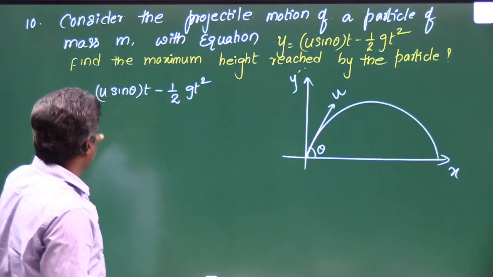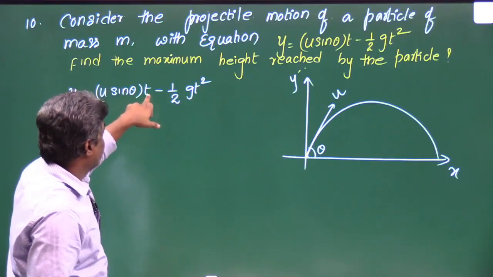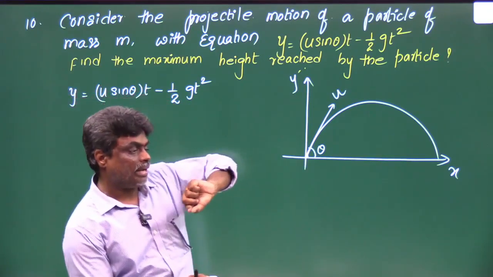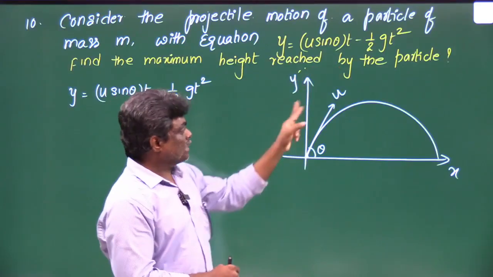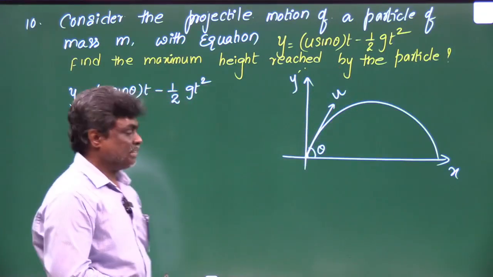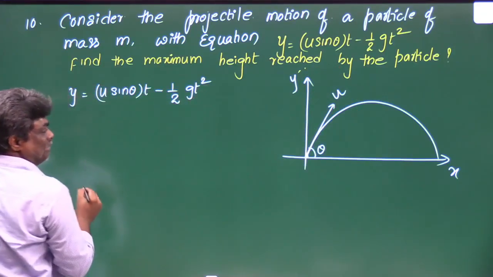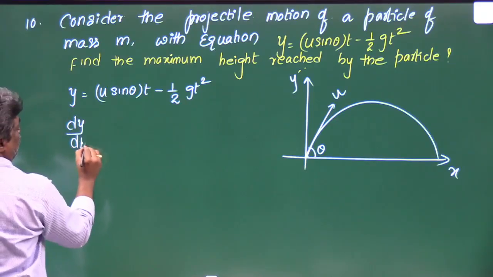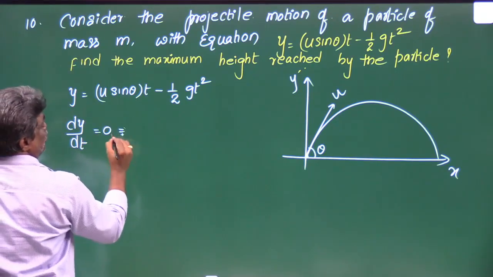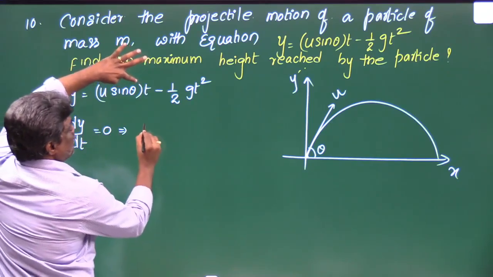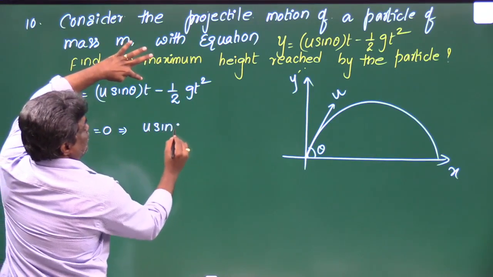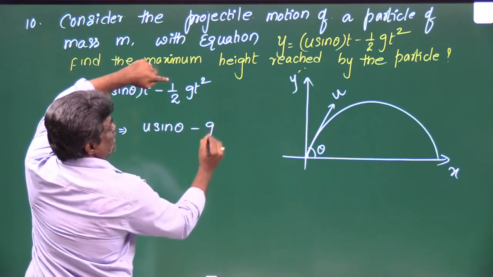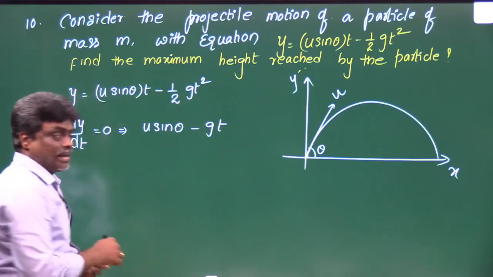So first, here the variable is not theta but t, because at a particular angle you are projecting. So with respect to time its position is changing. So here the variable is t. That's why first differentiate, dy by dt equal to 0. You are differentiating with respect to time. So u sine theta minus g t, the 2 gets cancelled.